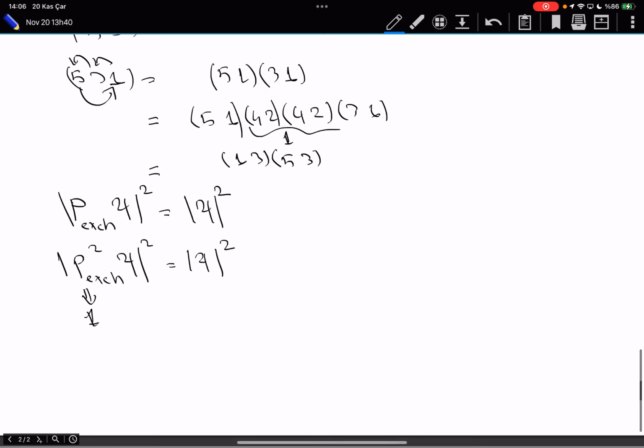So if I look for an eigenvalue of these exchange operators, well, basically the second one tells me that lambda squared should be 1.